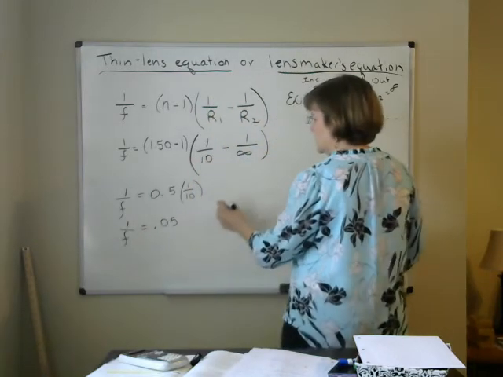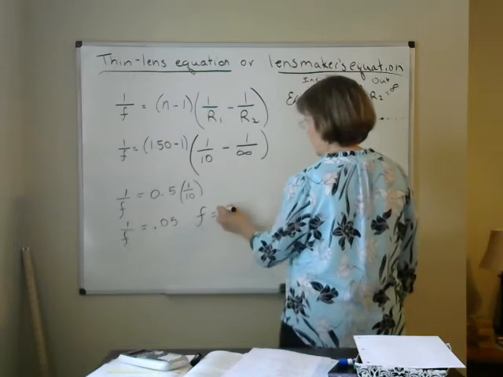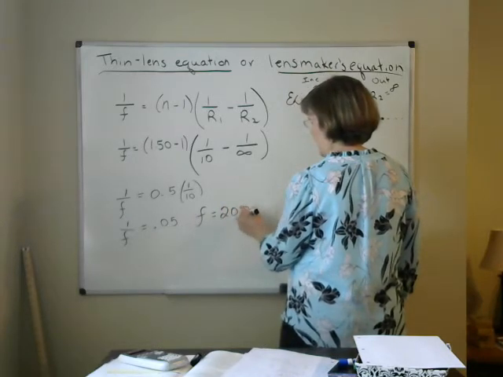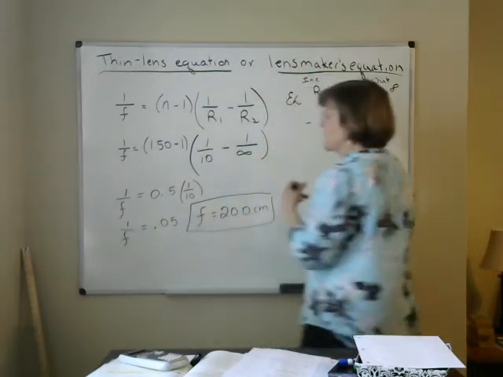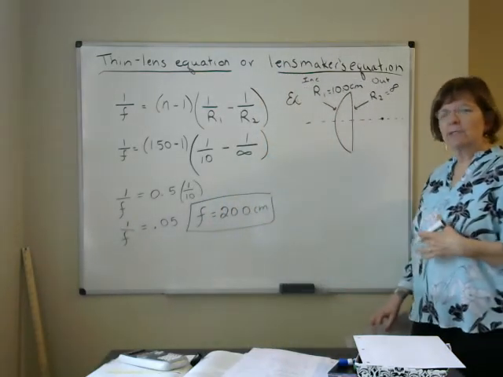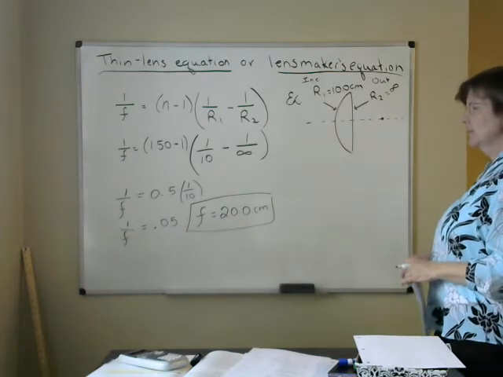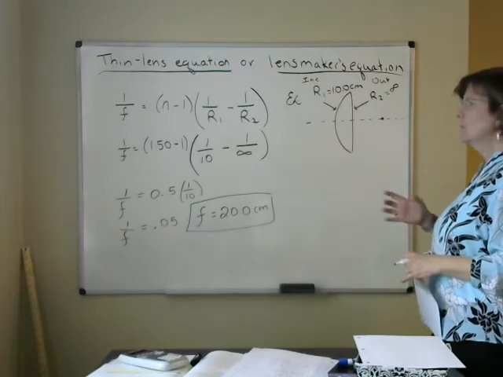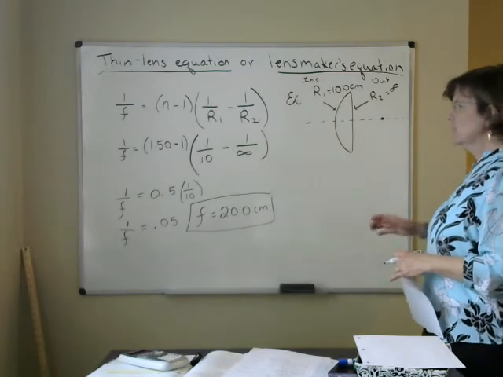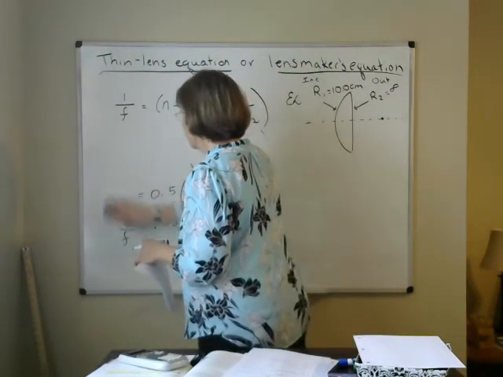If I take the reciprocal, I get f equals 20 centimeters. It's good. It gave me a very expected result. I expected to get a positive focal length. Okay? Let's try a different lens and let's pay attention to which one's positive, which one's negative, and see if we can get the right answer.